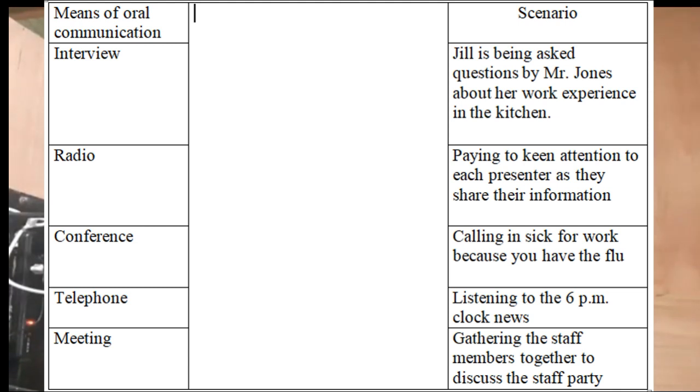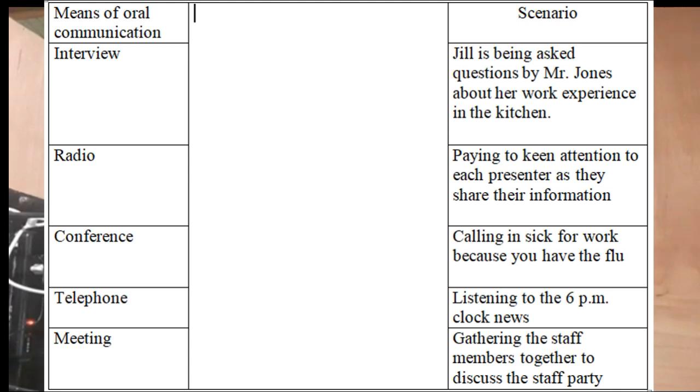The first scenario: Jill is being asked questions by Mr. Jones about her work experience in the kitchen. That's the first scenario. The second scenario: paying keen attention to each presenter as they share their information. That's the second scenario.